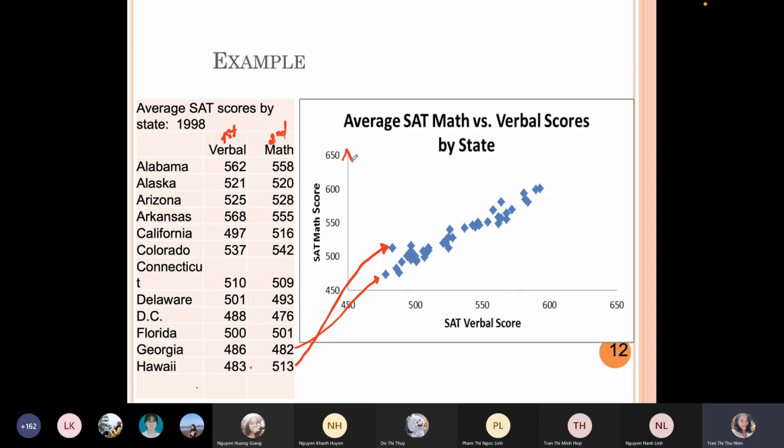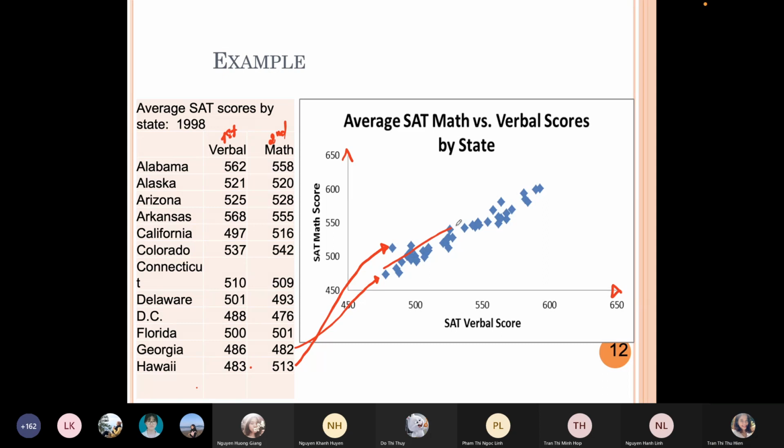For the vertical axis, you show the math score, and for the horizontal axis it is the verbal score. When you plot the points, you can see that they indicate a positive relationship between math and verbal score. Why is it positive? Because the points are not exactly, but roughly focused on a straight line.